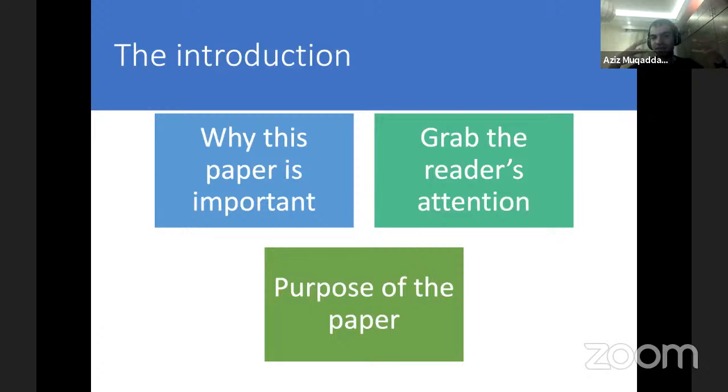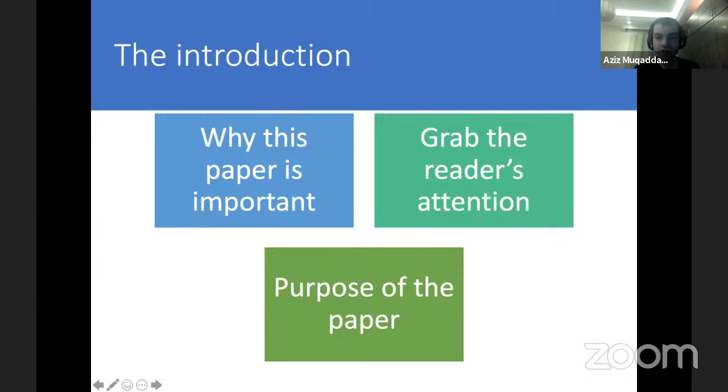Then you would show this is a worldwide phenomenon, and understanding the effects would help us understand where this social phenomenon is going, like the implications of this.